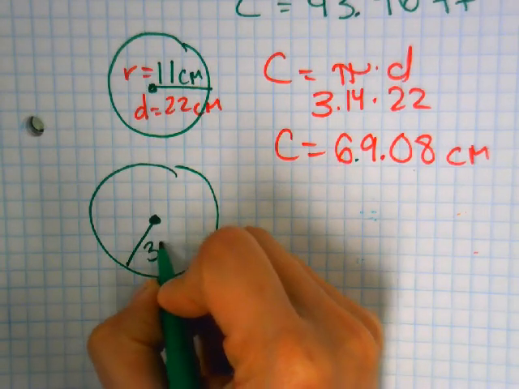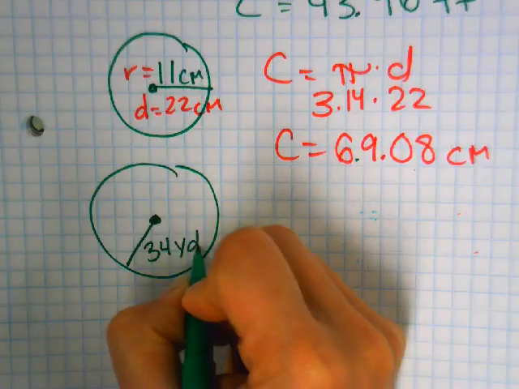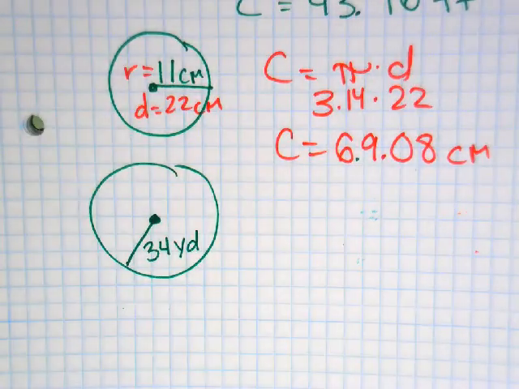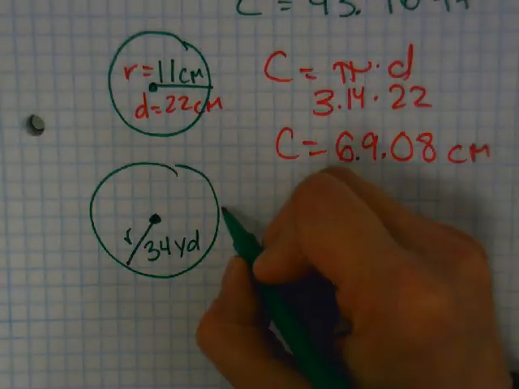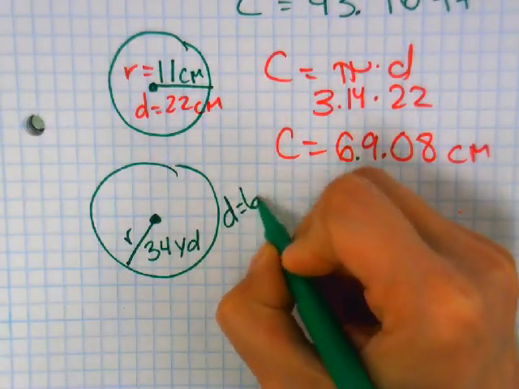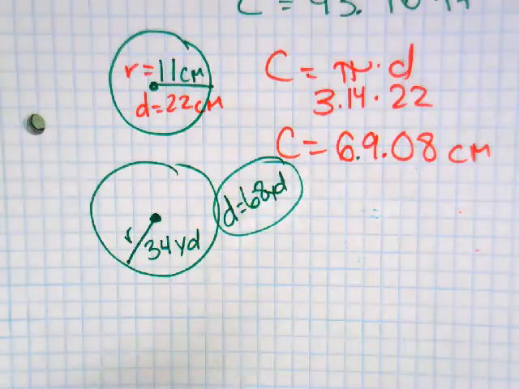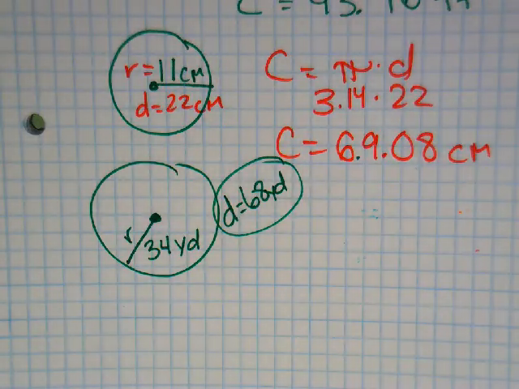I love that. It's such a weird number. You have a calculator, so it's fine. What did I give you? I gave you a radius. So what would be the diameter? 68 yards. So we're going to use the 68 yards, not the 34.